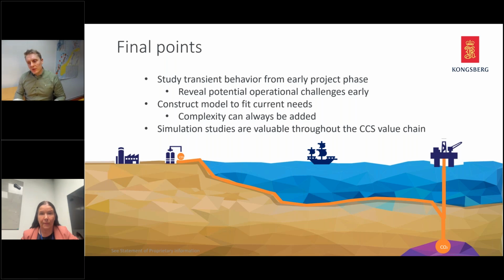We will do one LedaFlow instance for the flow line, so the long flow line that goes down to a template, for instance, and we go back into K-Spice in order to capture the Christmas tree with the mag injection and all the things that you need around that before going back into LedaFlow for the wellbore and the reservoir.